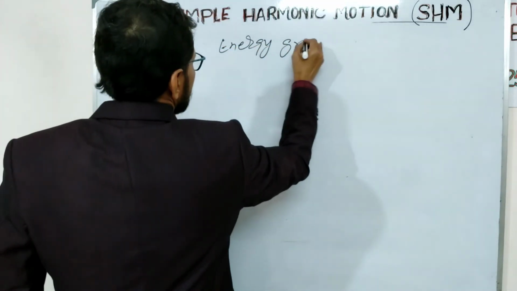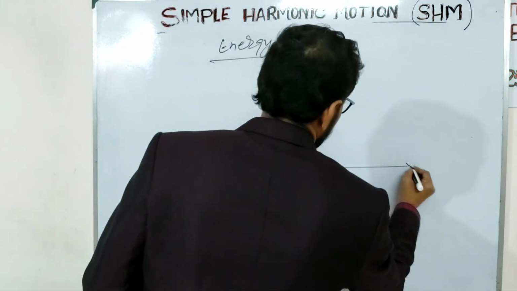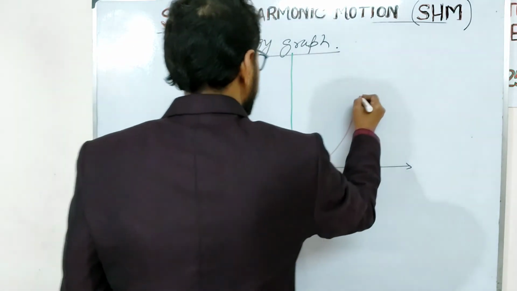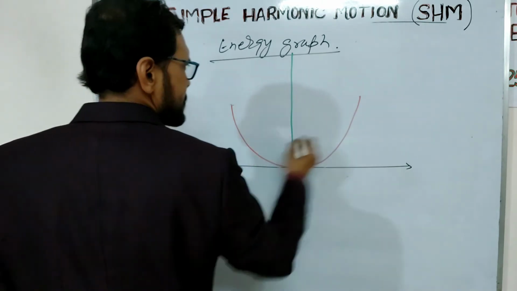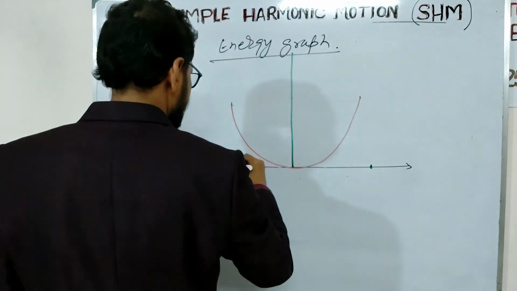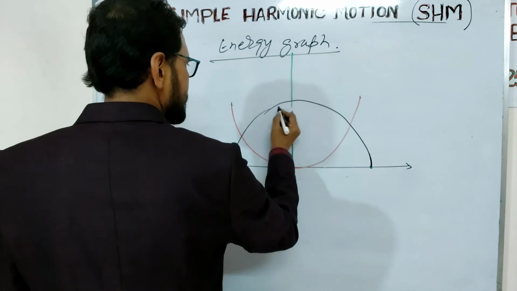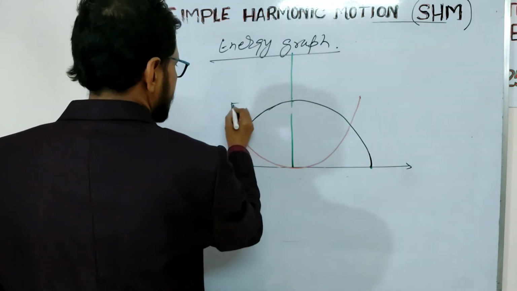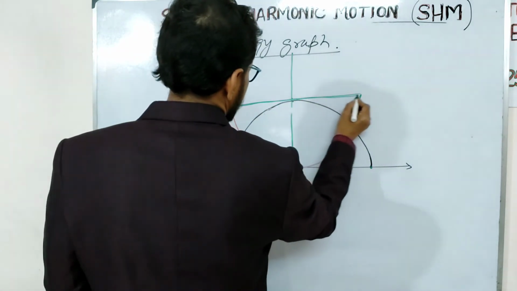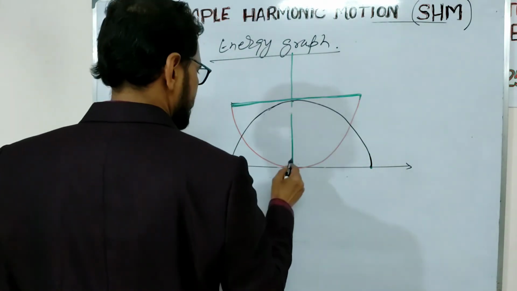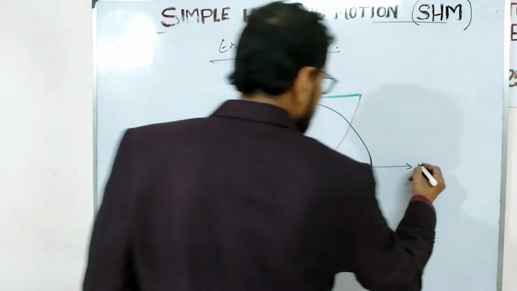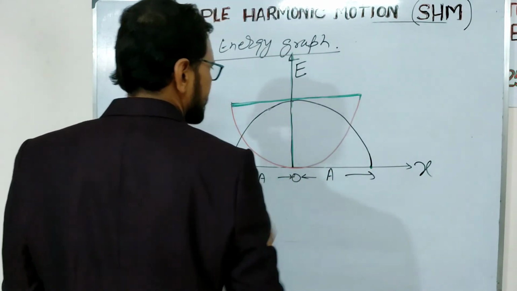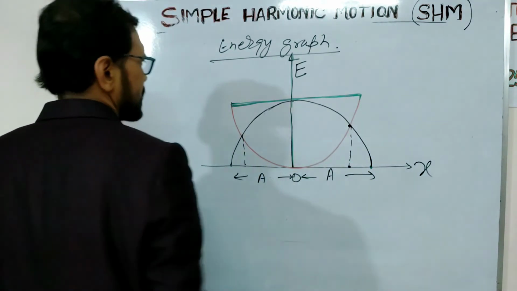Energy graph. This is the displacement x, this is the energy, the origin, and this is A. So this is the energy graph.